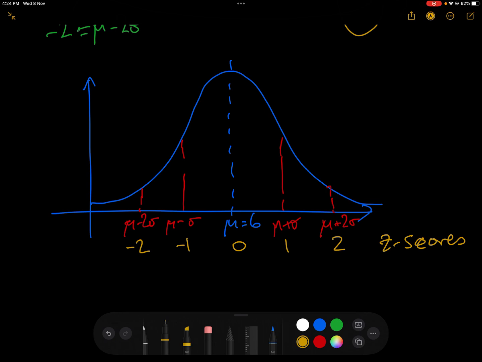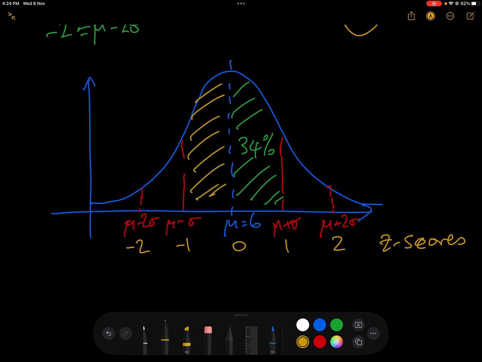Because the distribution is normal, we know that 34% of participants will be in this area here between the mean of 6 and the mean plus 1 standard deviation, which was 8.28. We also know that 34% will be here.